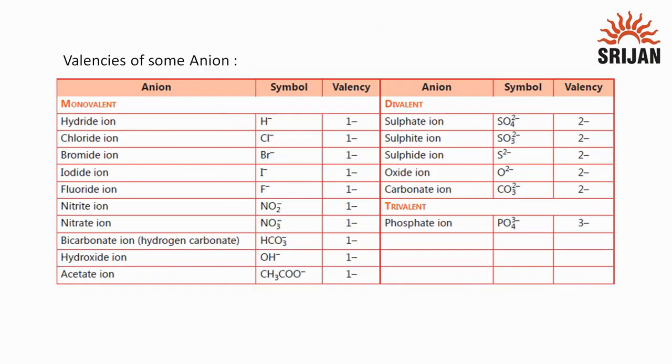Now if we see the valencies of anions, we know an anion has a negative charge. Here also there are three categories: monovalent, divalent and trivalent. An example of monovalent is the hydride ion, H-, so its valency is 1-.